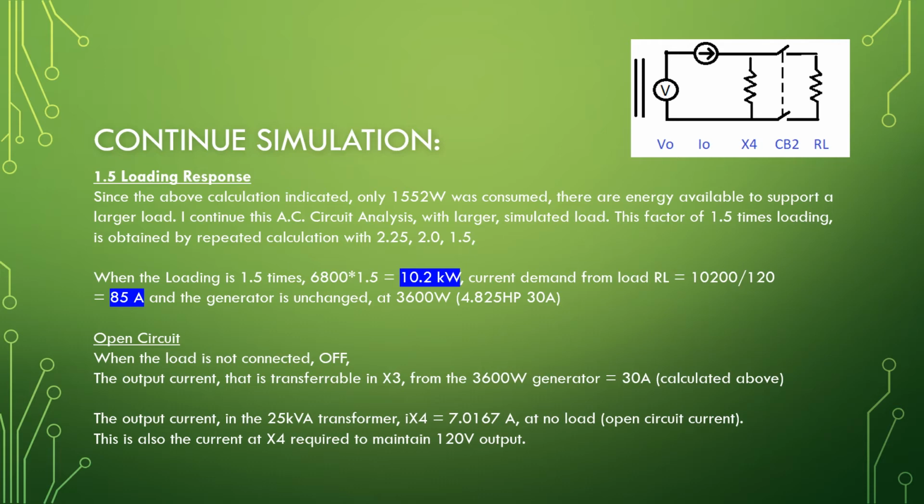The output current that is transferable in X3 from the 3,600 watt generator equal to 30 ampere calculated above. The output current in the 25 kVA transformer IX4 equal to 7.0167 ampere at low load open circuit current. This is also the current at X4 required to maintain 120 volt output.